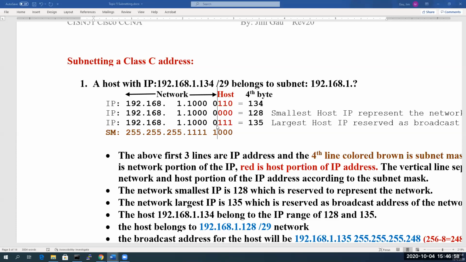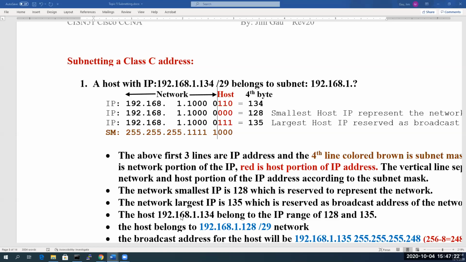The biggest one, of course, is 111 here. You look at the conversion table, it's 135. It's the largest host ID number. Therefore, the network's smallest IP is 128, which is reserved to represent the network, and the broadcast address is 135, all right?